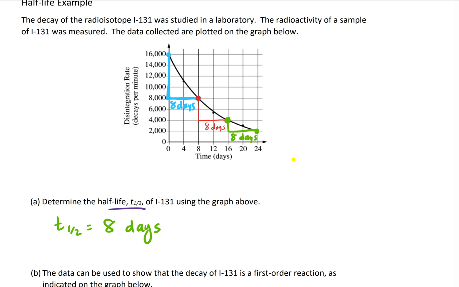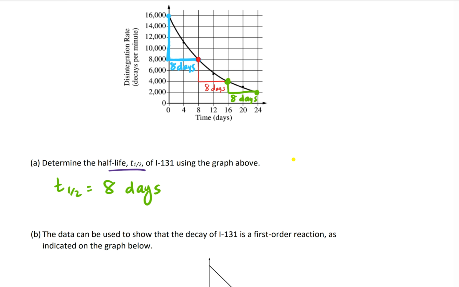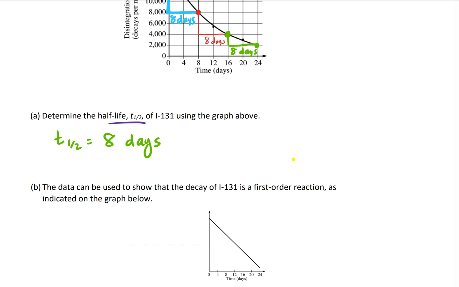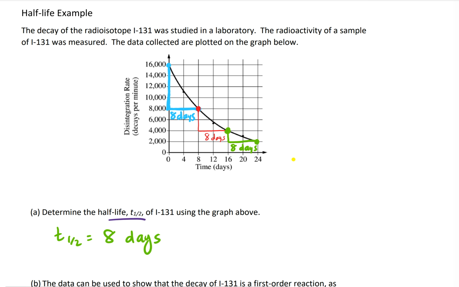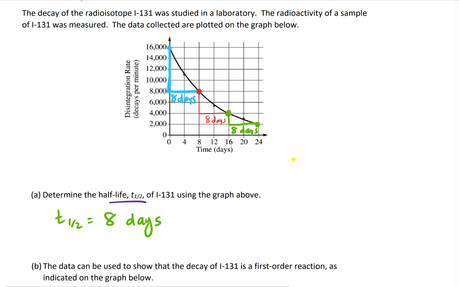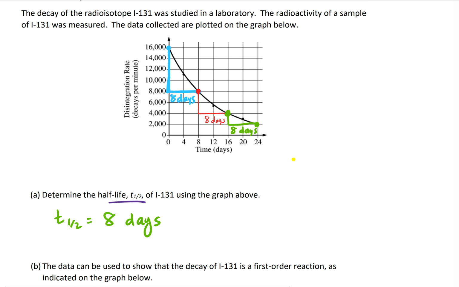the reactants or the compounds that we study in terms of half-life are always going to be first-order reactants. First-order reactants have consistent, constant half-lives. So if we're asked what is the order of this radioactive isotope, it is going to be first order because it has a constant half-life of 8 days.